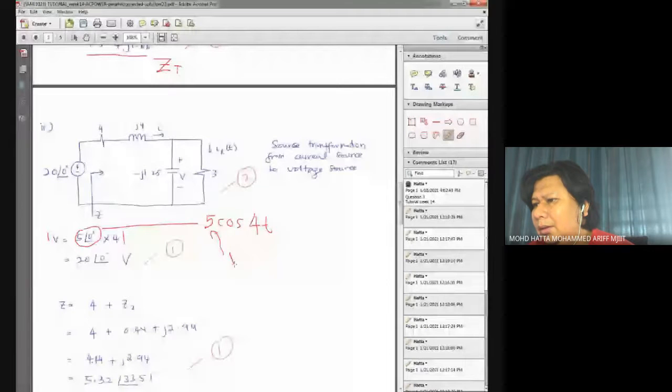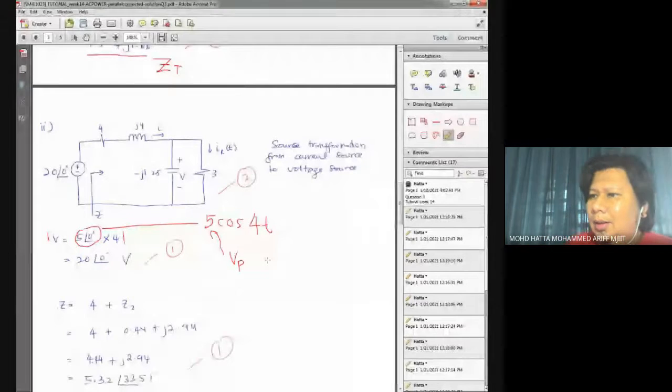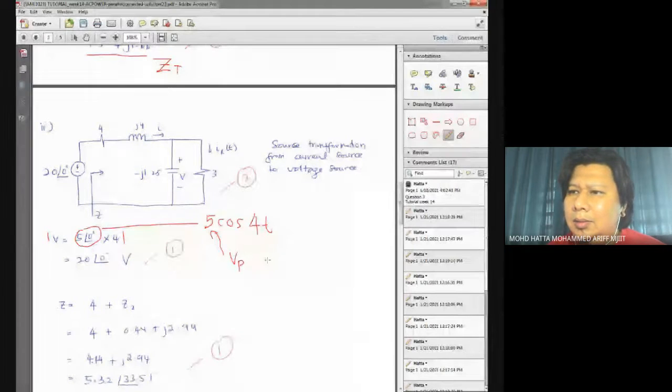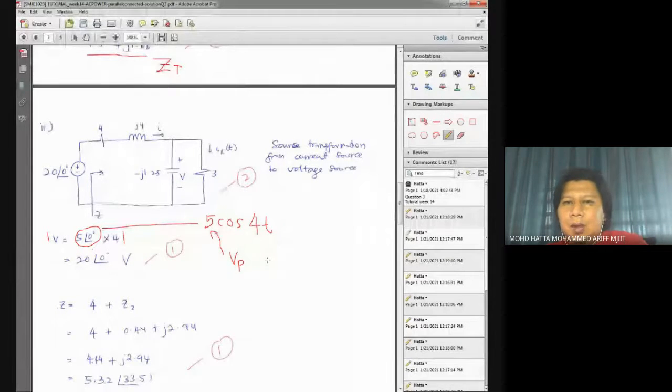Okay, you need to be clear now. For me, I prefer RMS, but if you look at the calculation itself, it doesn't matter whether you use RMS or peak, in terms of finding the current, finding the voltage drop, and so on. However, if you would like to calculate your power, you will need the RMS value of voltage and current.